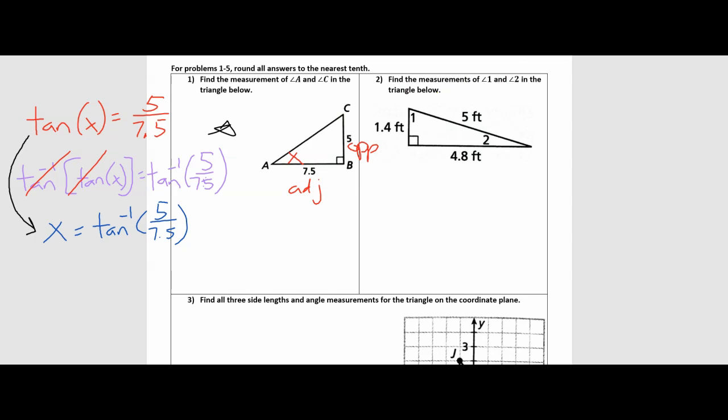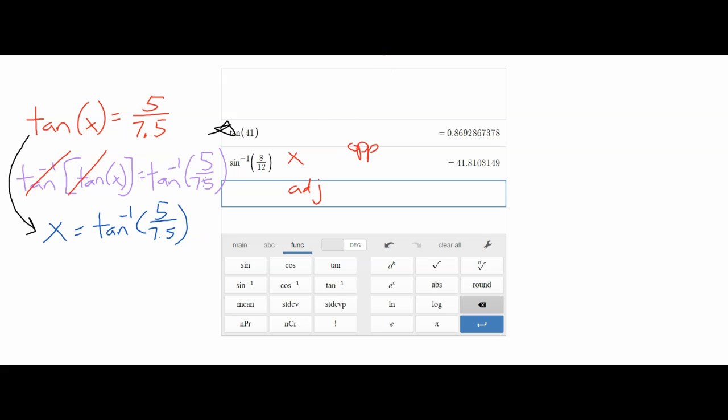In fact, I will do that this time, just to make sure we're on the same page. Let's get rid of this. So this time I am doing inverse tan. Make sure your calculator's in degrees again.